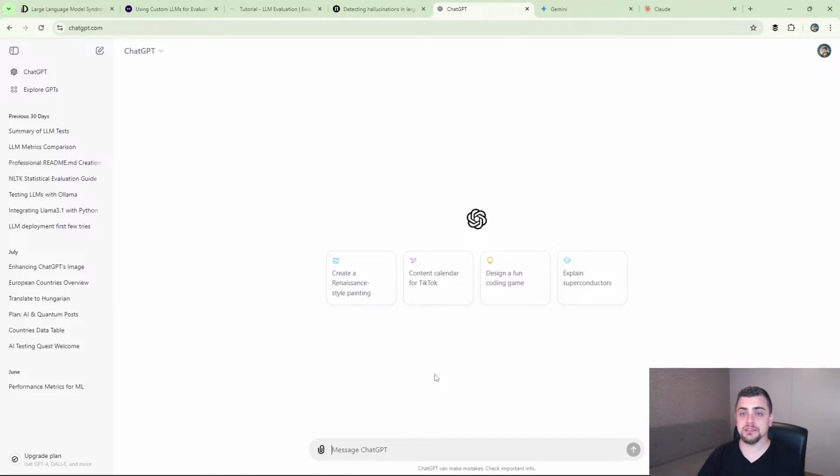Let's share our plans with ChatGPT. I would like to evaluate the large language model for the following, not really metrics, let's call them metrics anyway.